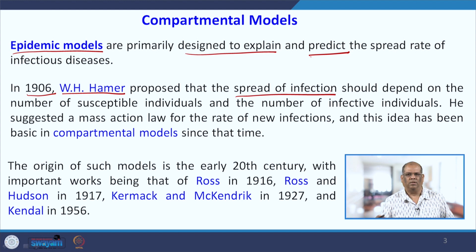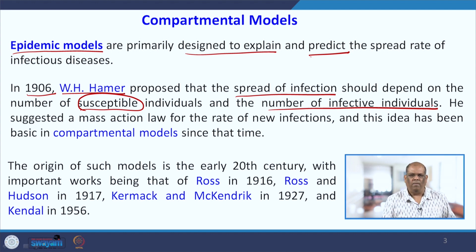So what do you mean by susceptible? It is the persons who are vulnerable to the disease. Those are called susceptible individuals. And the number of infective individuals, that is the persons who have already got the disease, are called the infective individuals.